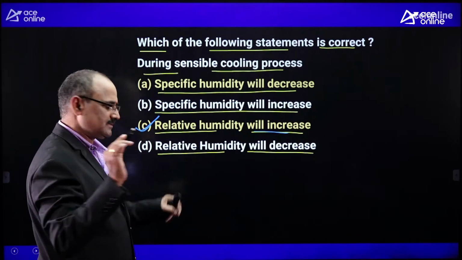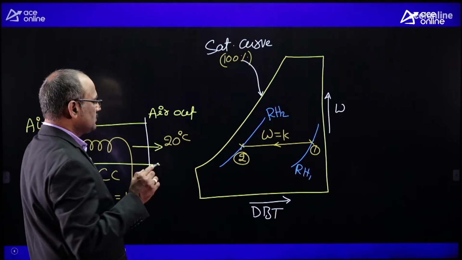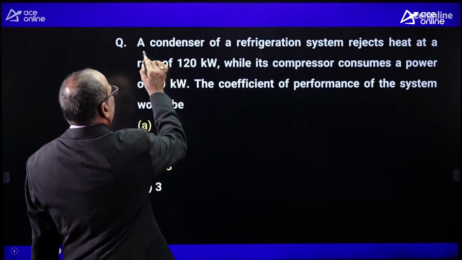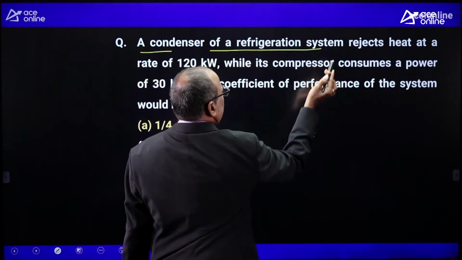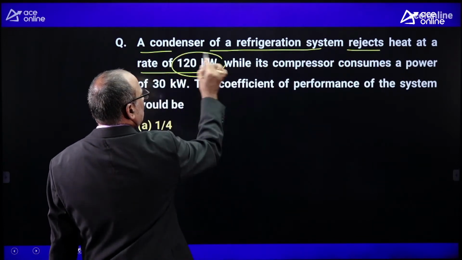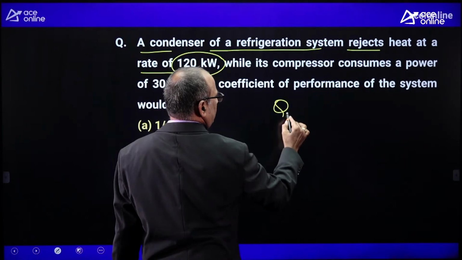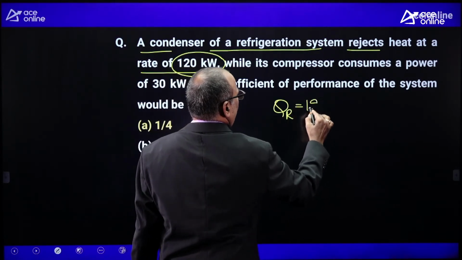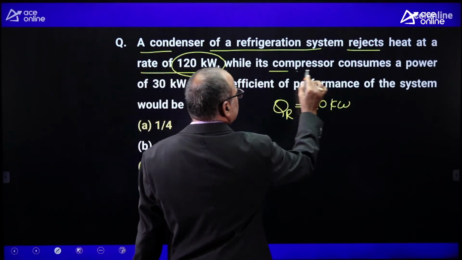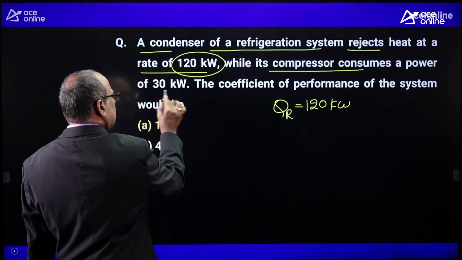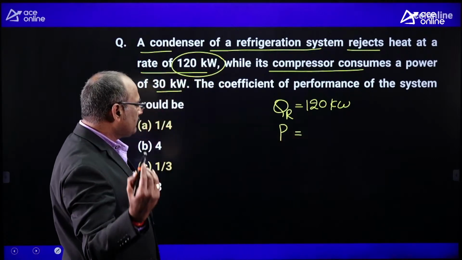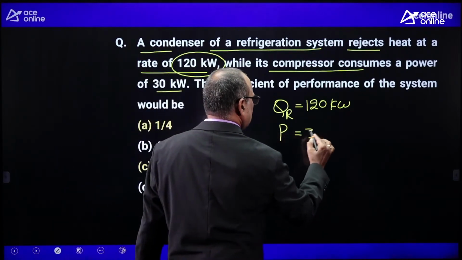Understood? Yes. Now let us take another important question. Try to read it clearly. A condenser of a refrigeration system rejects heat at a rate of 120 kilowatts, while its compressor consumes a power of 30 kilowatts.